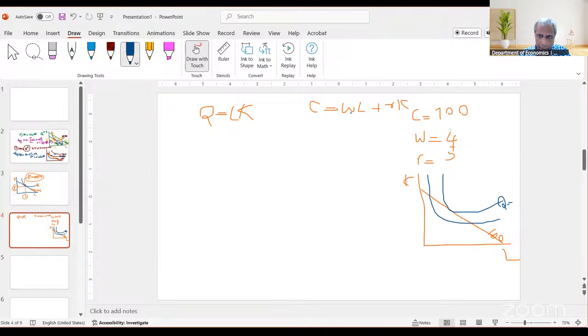For that, we have the constraint, then we have to write the Lagrangian equation. So first we write the output function, that is the objective function, and add the constraint. So that's what we call the Lagrangian equation.